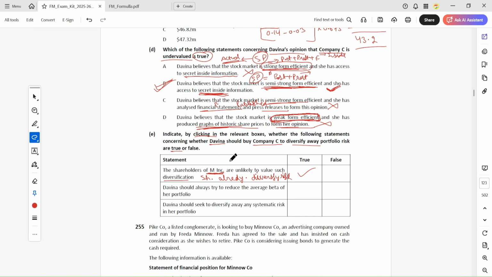When we calculate the CAPM, we assume that the shareholders have already diversified the risk, so only the unsystematic risk, which is specific to the company, is already diversified.